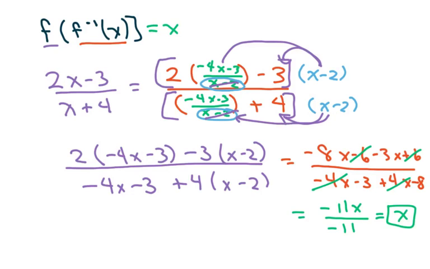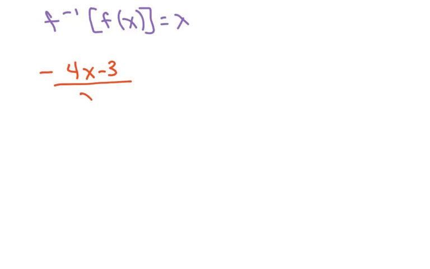Now we have to go the other way and compose f inverse with f of x. And that should equal x. So I'm going to write my inverse down, and my inverse is negative 4x minus 3 over x minus 2, and that's f inverse. And now we're going to input f of x.